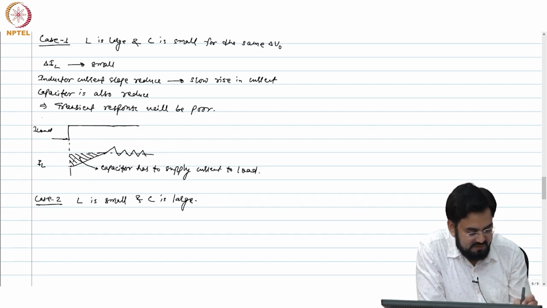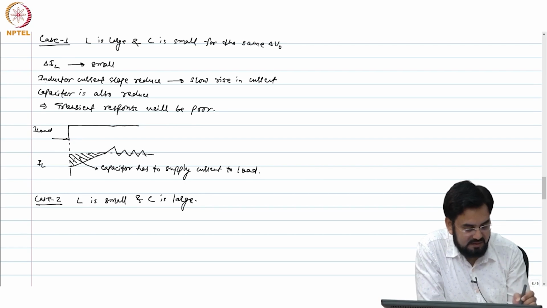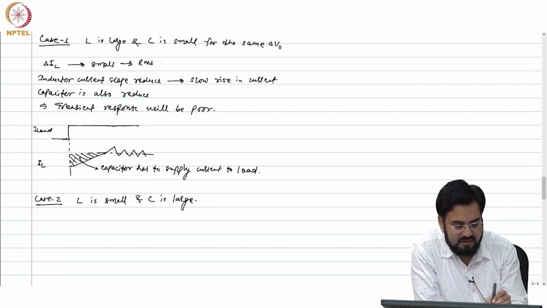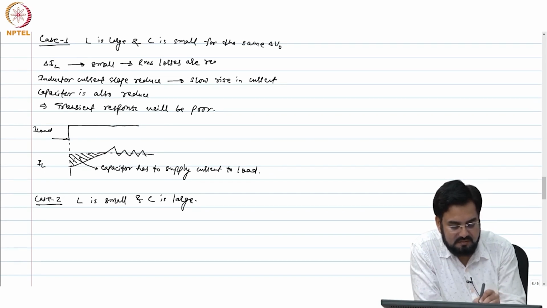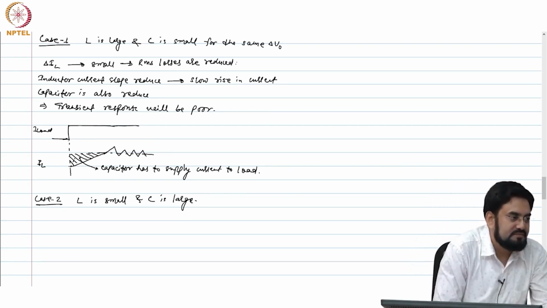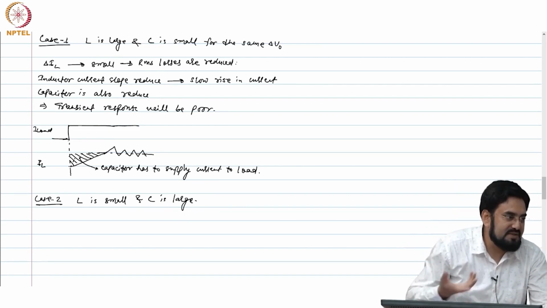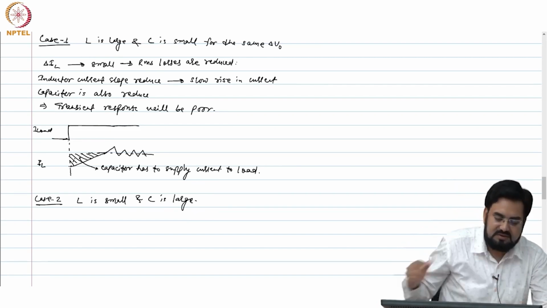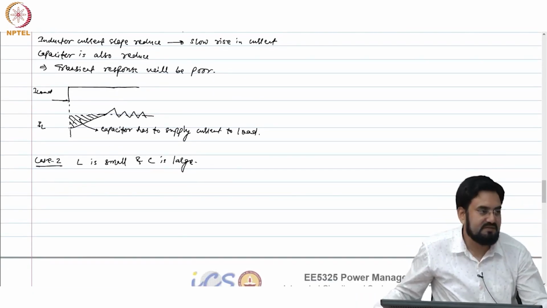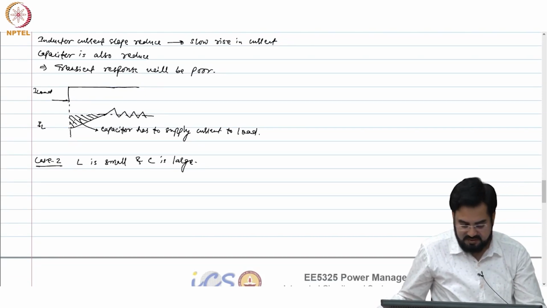So, one more benefit you get here, inductor delta L is small, which means RMS losses are okay, because your peak to peak ripple current is less. So, RMS current will be less. So, your conduction losses or other losses which are associated with only ripple current will be reduced.